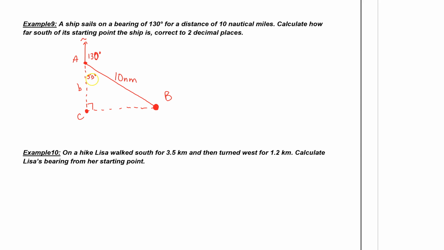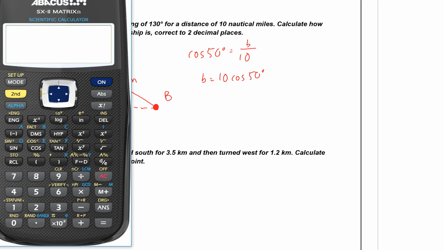From my angle, 50 here, this is the adjacent side, this is the hypotenuse. Cos 50 degrees equals b over 10. So b is 10 cos 50, and the calculator tells me that 10 cos 50 is equal to about 6.43.